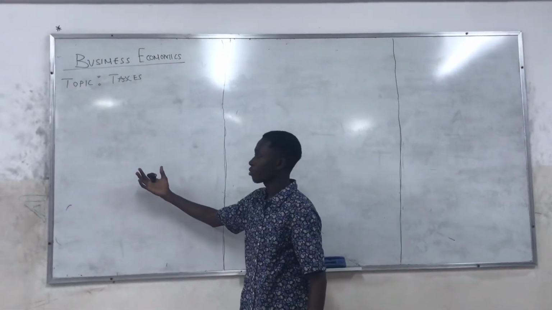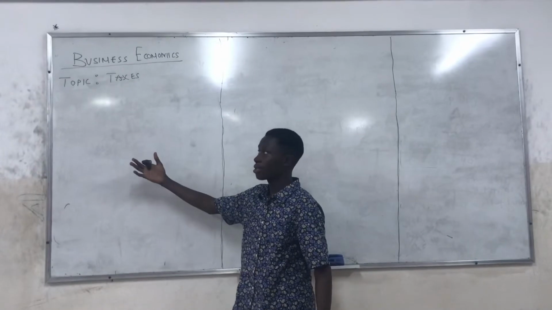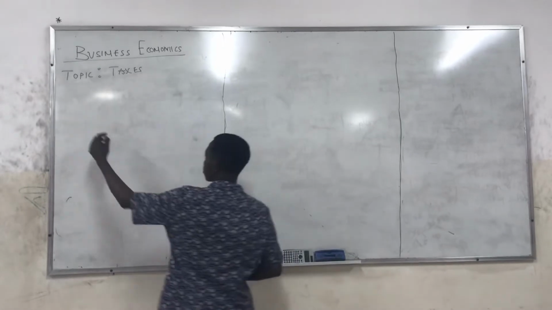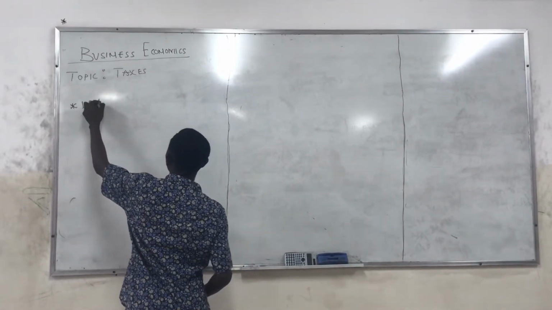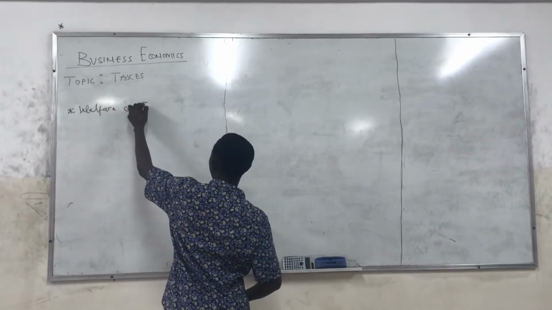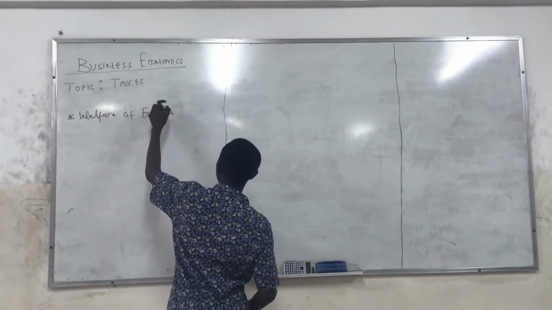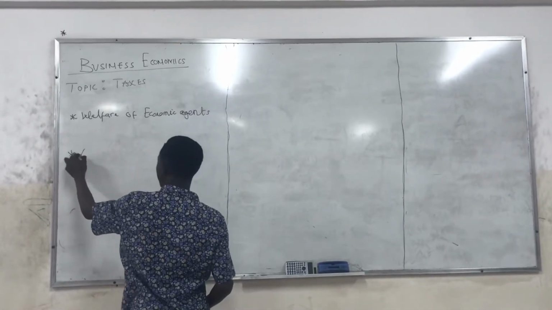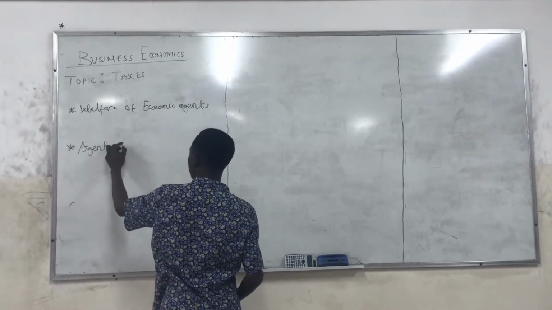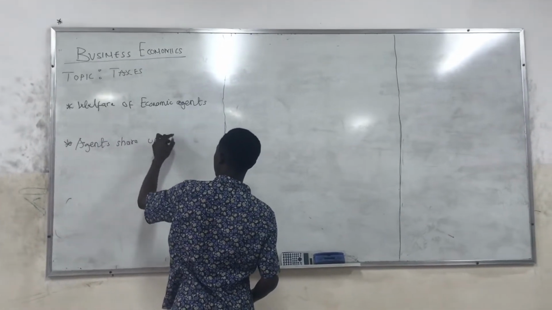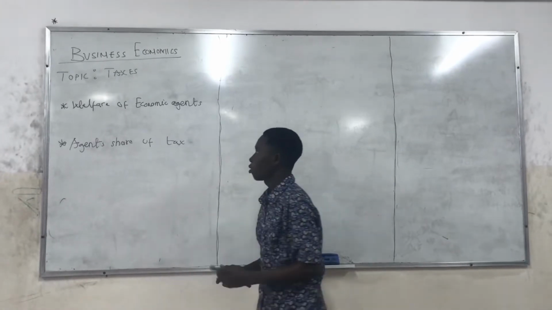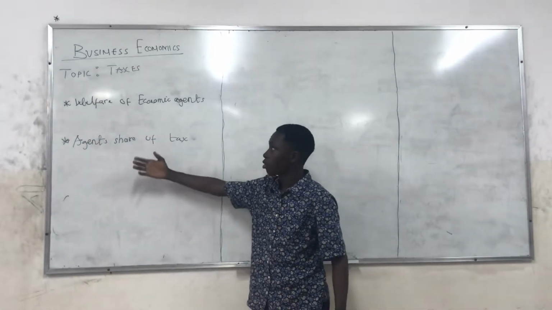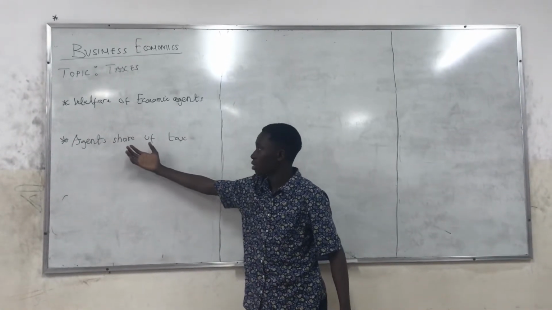With taxes, we also have consumers' share of tax and producers' share of tax. They can be grouped in two ways: the welfare of economic agents, and the agents' share of tax.